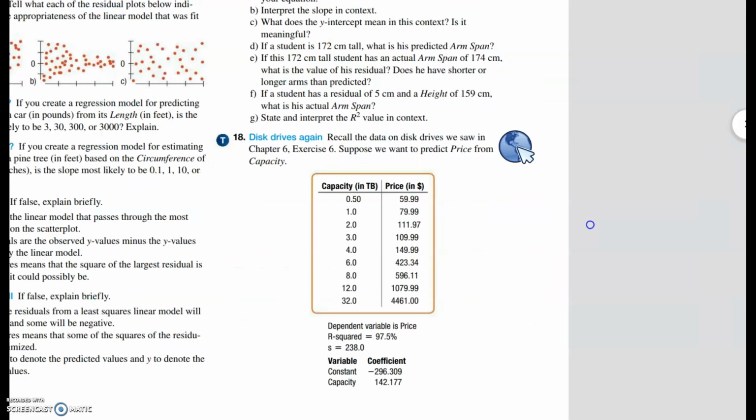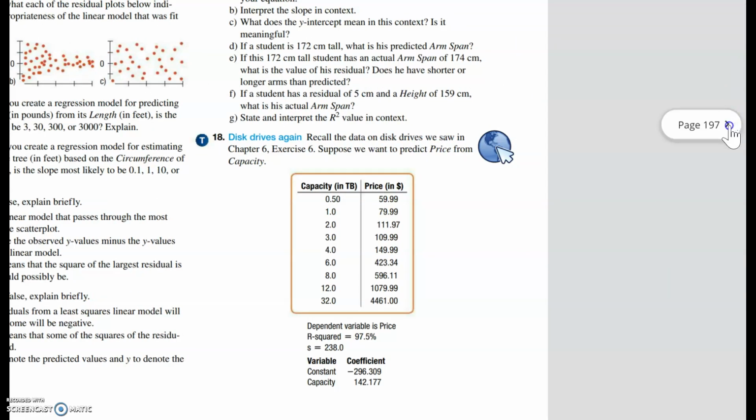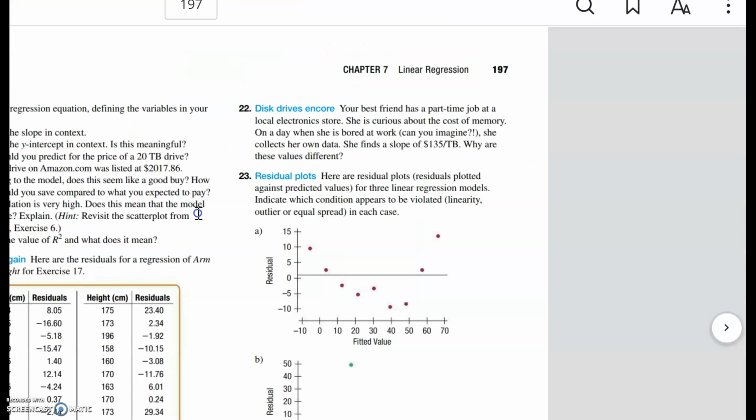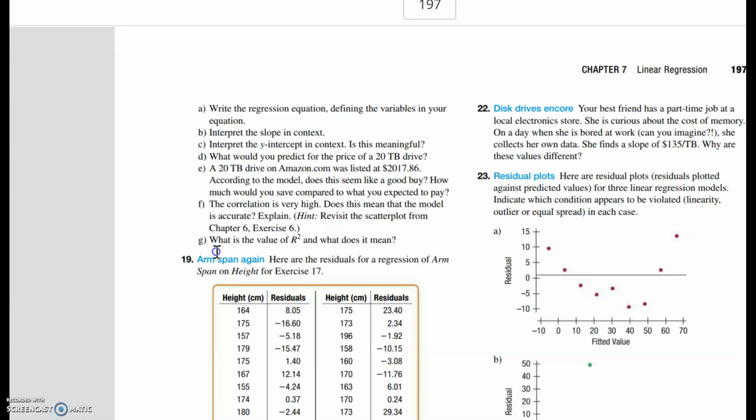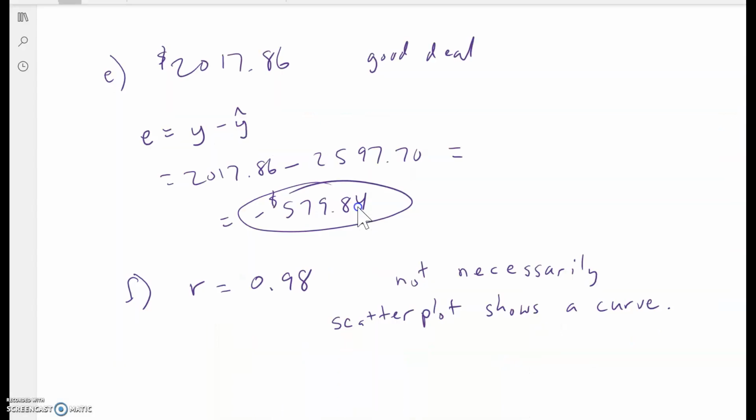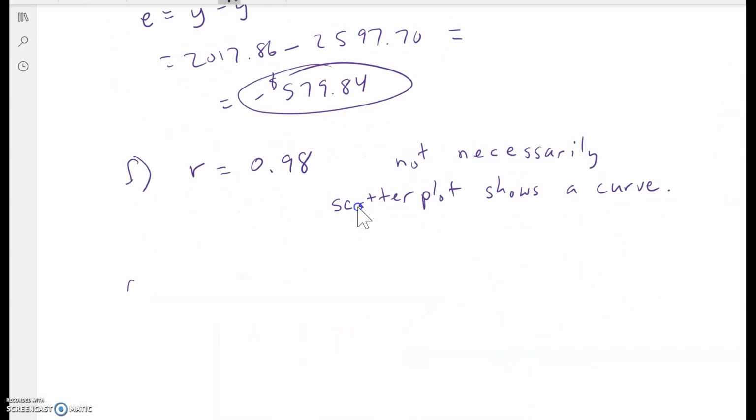All right, is there a part G? Let's see here. Okay, what's the value of R squared, and what does it mean? So we're not going to do what R means, but R squared, well, that's just 0.98 squared, which would be about 0.97 something.